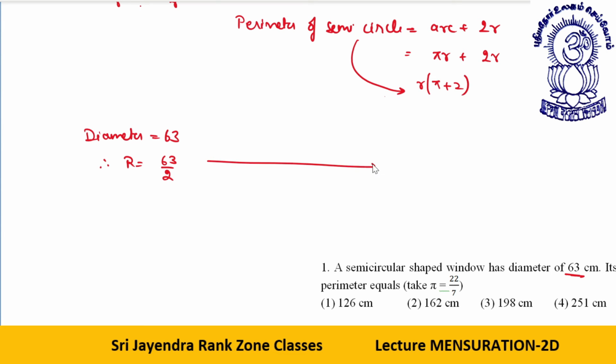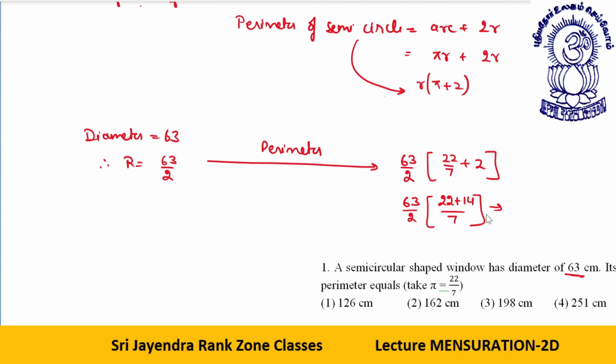So now what will be the perimeter? Perimeter will be equal to 63 by 2 into pi plus 2. That gives me 63 by 2 into 22 plus 14 divided by 7.